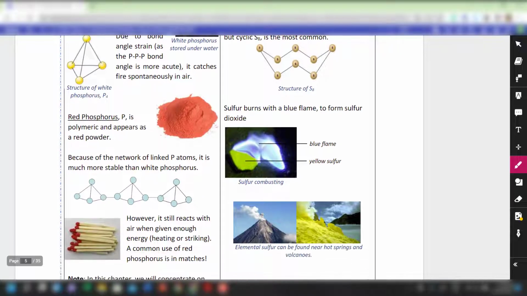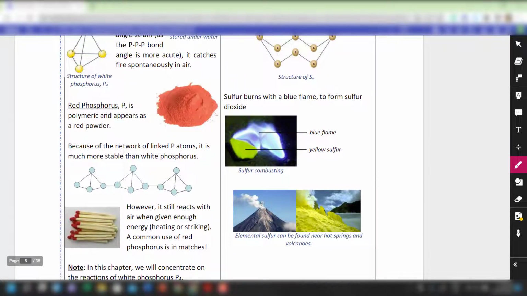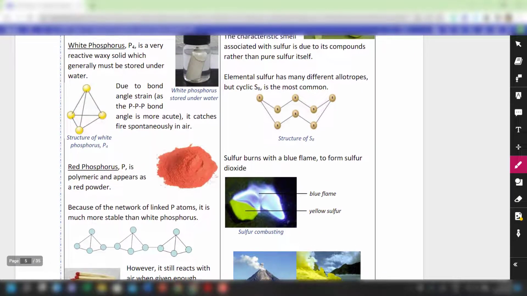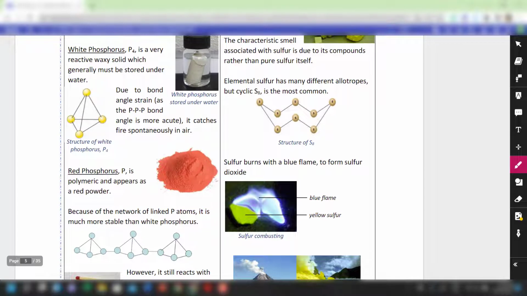If you are interested, you can read more about them. But in general, for phosphorus, we will use P4 to represent their formula rather than simply just P, because usually phosphorus exists as 4 atoms bonded together in this particular fashion.